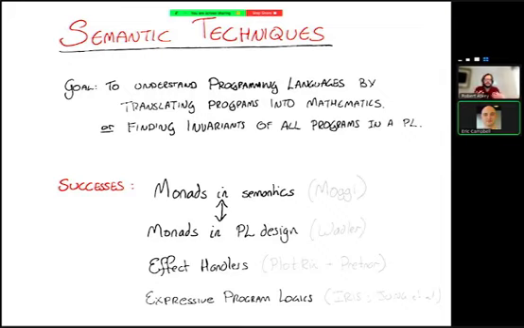This started out as a way to try and understand what was going on with monads, and has turned out to be a massively useful technique for modular effects in programming languages. And another success is expressive program logics. Once you get to program logics that can reason about concurrency and separation, then you need a very solid understanding of what's going on underneath. And semantic techniques have been used in program logics like Iris.